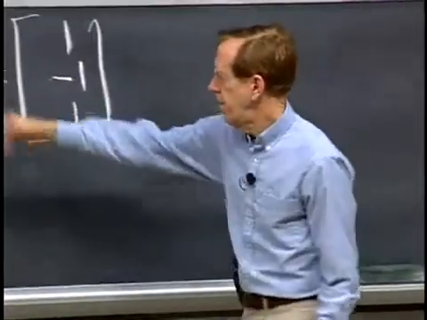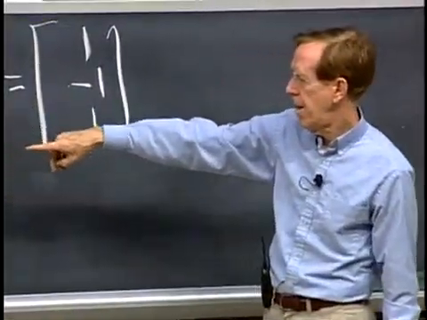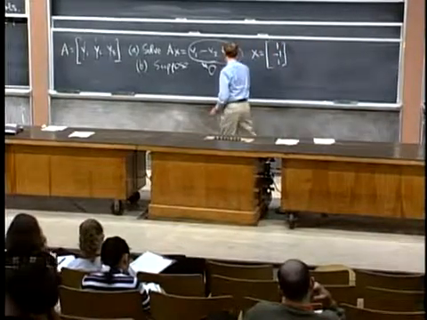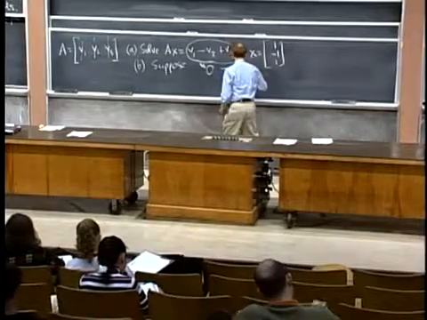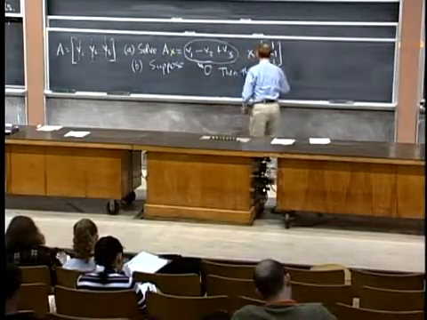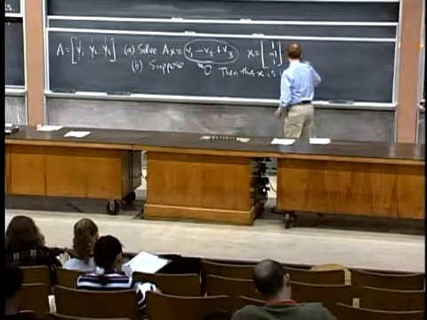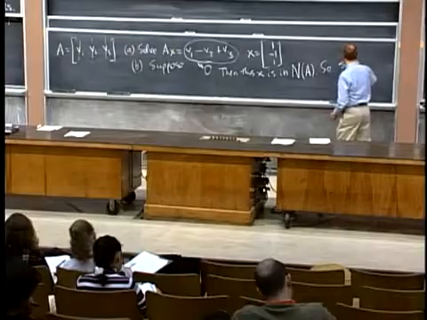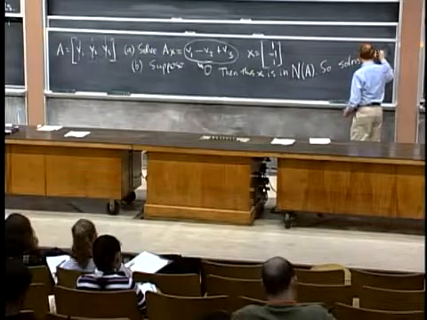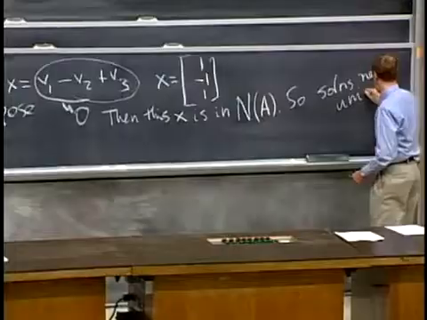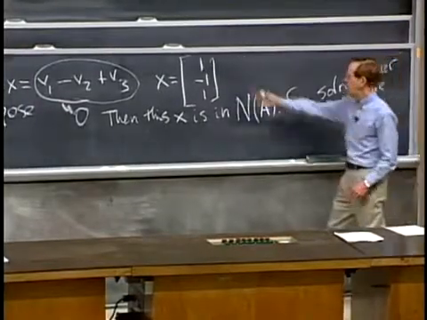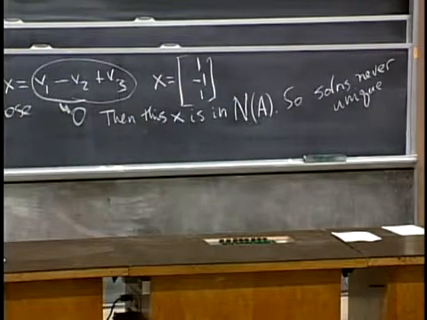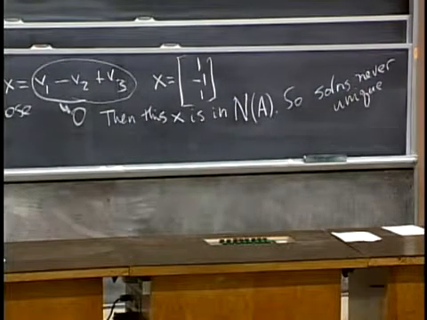And if that's 0, then this x is in the null space of A. So solutions are never unique, because I could always add that to any solution, and AX wouldn't change.